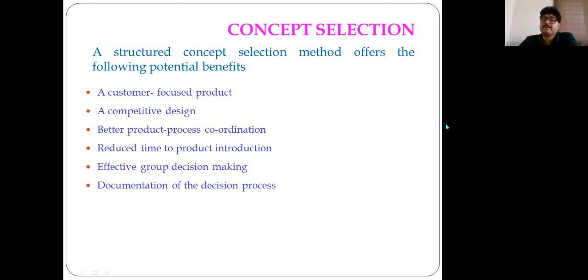There will be better product process coordination, and reduced time to product introduction, because when you are doing concept selection in a very systematic way, you will come across a lot of hindrances and obstacles, and you will try to cut those down so they do not happen in your production planning. And effective group decision making, which is a very essential thing for getting input from all the members, getting a collective voice at the end, and providing the proper documentation in making the decision.